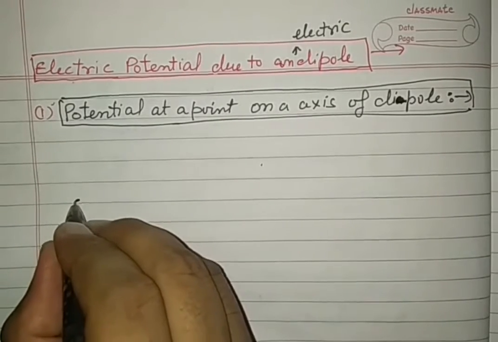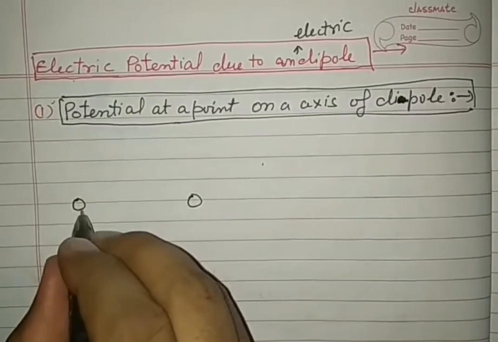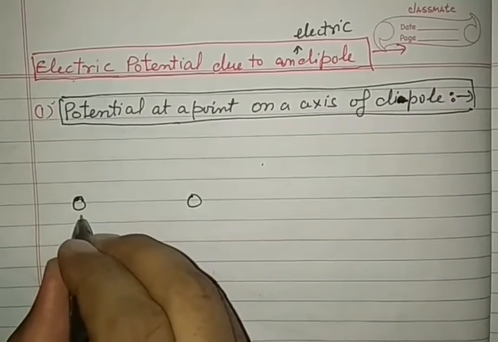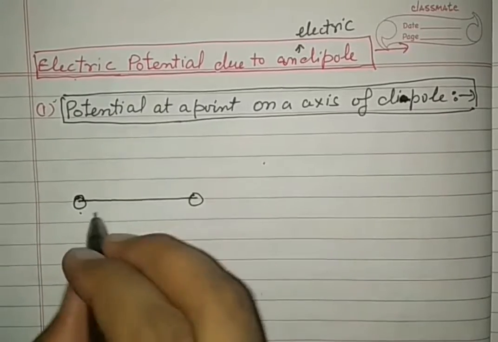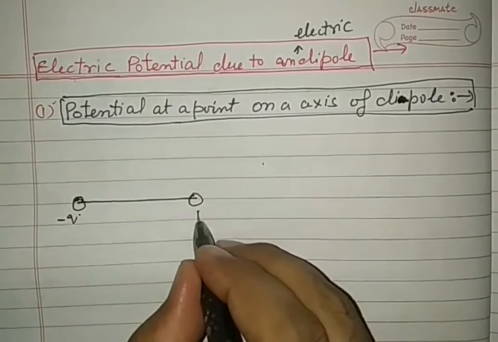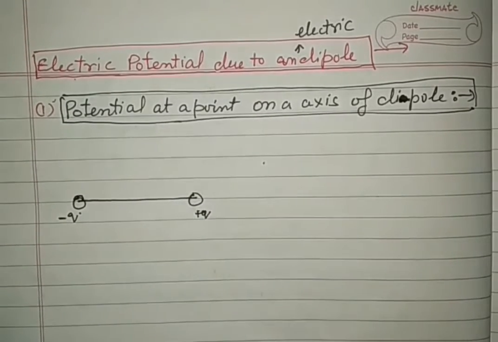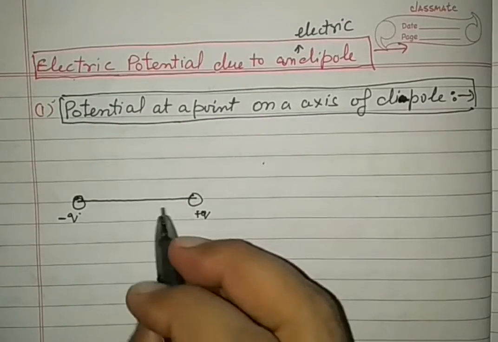Let us consider a dipole. We know a dipole is two equal and opposite charges separated by a finite distance. So minus q charge, plus q charge here.